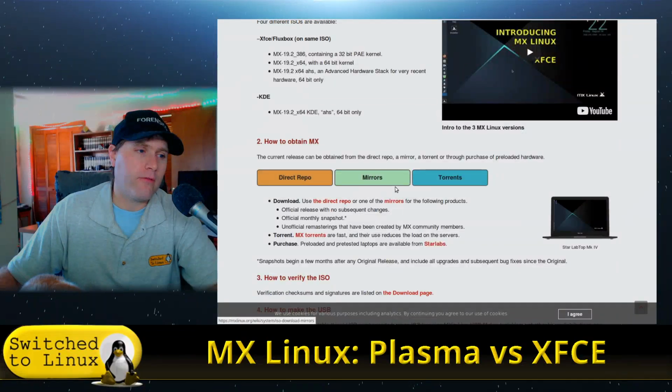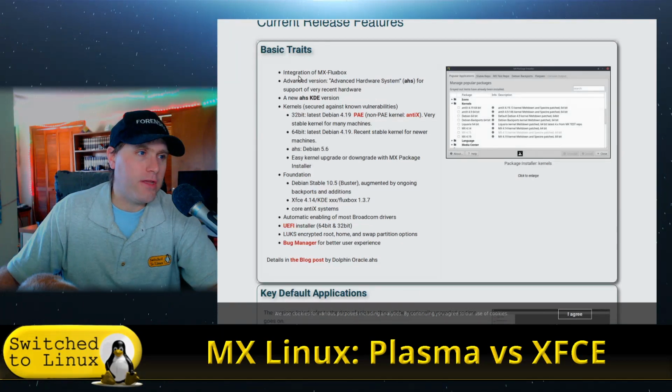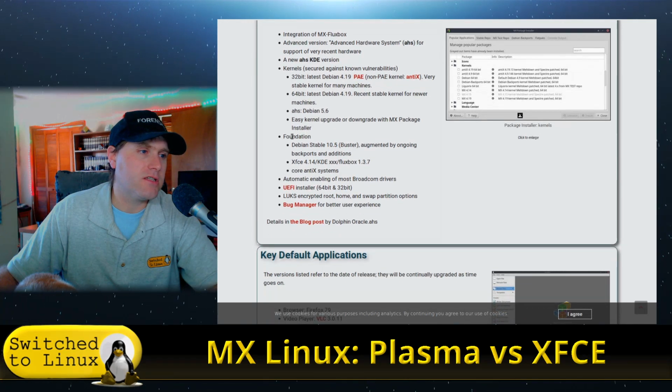So you can grab it directly from the repos, mirrors, or torrents, and the current release features. We have a variety, so we have MX Fluxbox, we have the KDE version. Our kernels were 4.19 for our basic Debians, and the advanced hardware stack is 5.6. And you can see that you can easily upgrade or downgrade kernel packages.